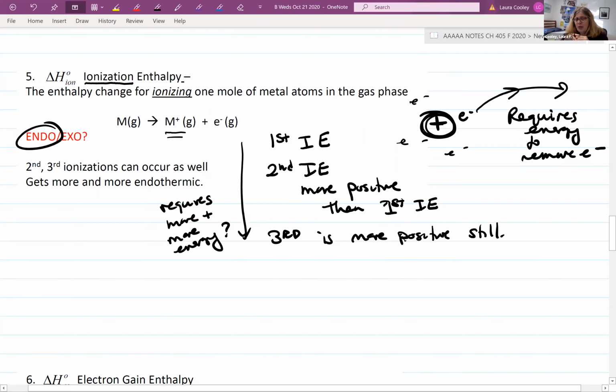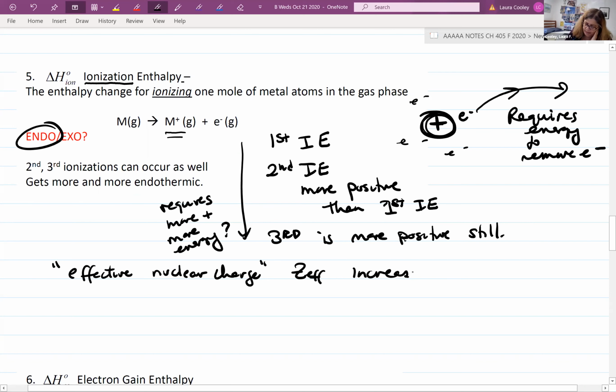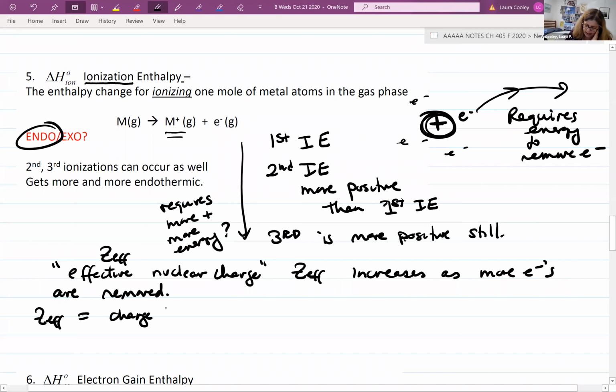And we would say that the effective nuclear charge increases as more electrons are removed. I call this Z effective, the charge experienced or felt by the outermost electron.